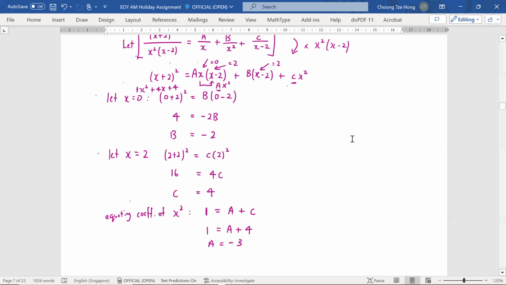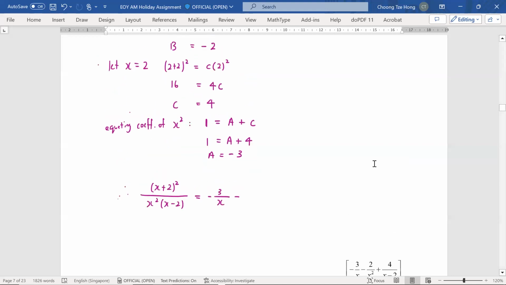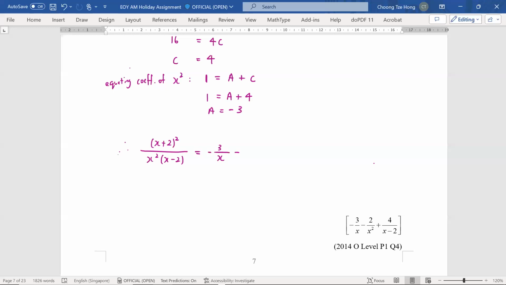Now that we have found all of b, c, and a, we can simply write out the answer. Therefore, x plus 2 squared over x squared times x minus 2 is equal to: a is negative 3, so negative 3 over x. b is negative 2, so negative 2 over x squared.